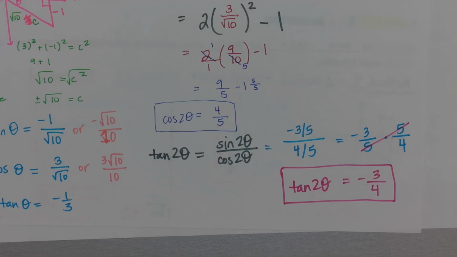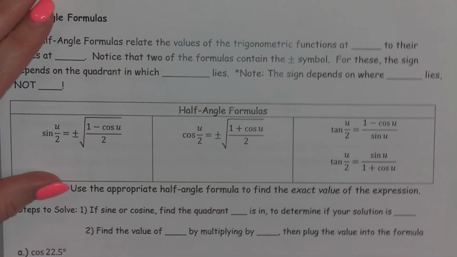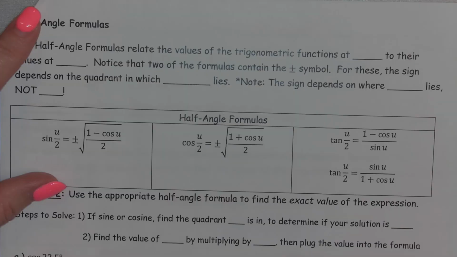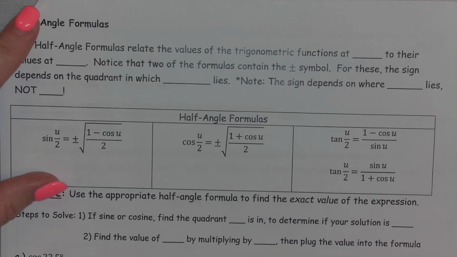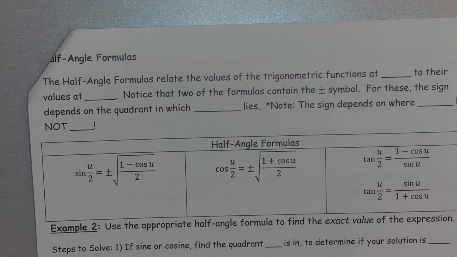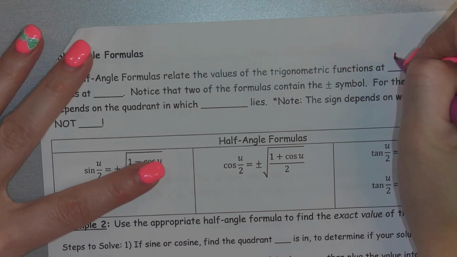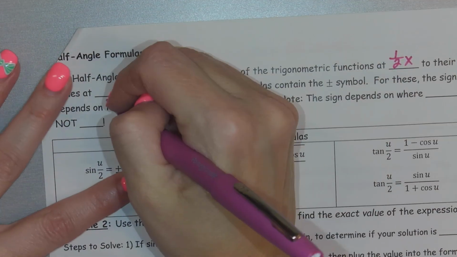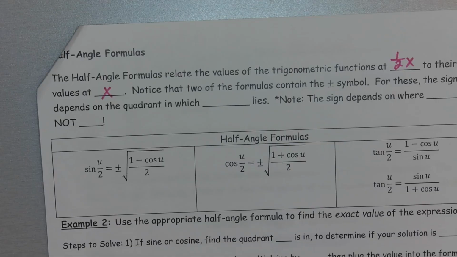So those are all the double angle formulas. Okay, the next thing we're gonna learn about are the half angle formulas, and these are gonna relate the values of the trig functions at 1/2 x to their values at x, except they don't use x in these formulas.